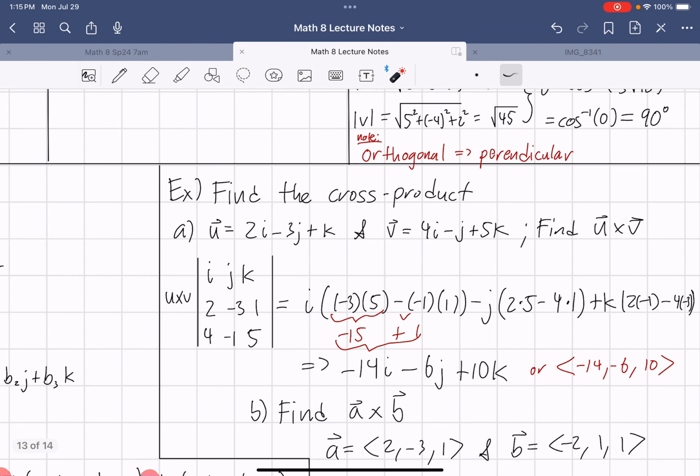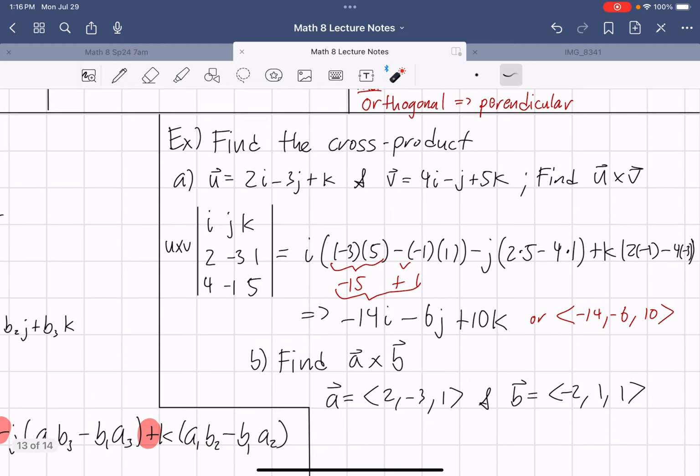So you can test it by just taking this vector and u and doing the dot product. Remember, where you multiply each corresponding component, and then when you add those products, you should get 0, and the same thing should happen for v.